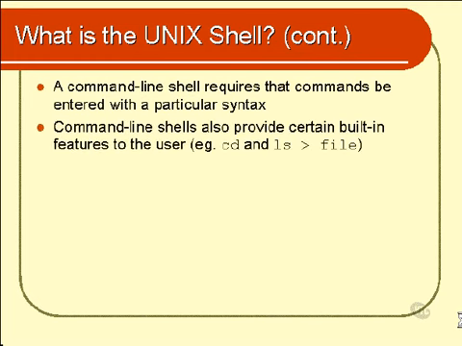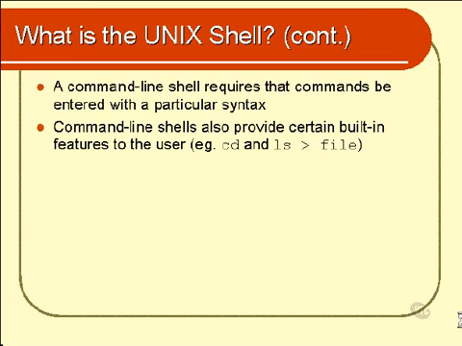Also, besides being a command launcher, the Unix shell provides certain built-in features for the user. I've shown two examples there. The first one is cd. cd is actually not a Unix program. cd is a feature of the shell. There is nowhere on a Unix system that you'll find an executable program called cd.